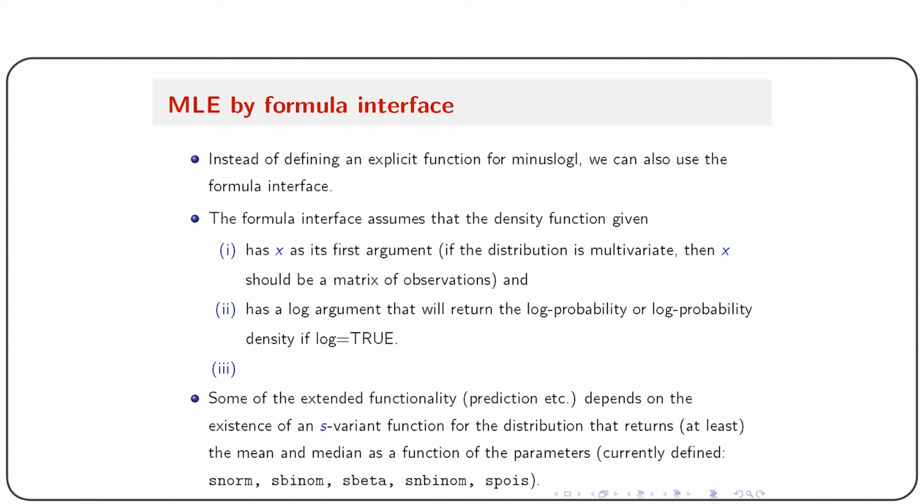Some of the extended functionality depends on the existence of an s-variant function for the distribution that returns the mean and median as a function of parameters. Currently defined are snorm, sbinom, sbeta, snbinom (negative binomial), and spois.